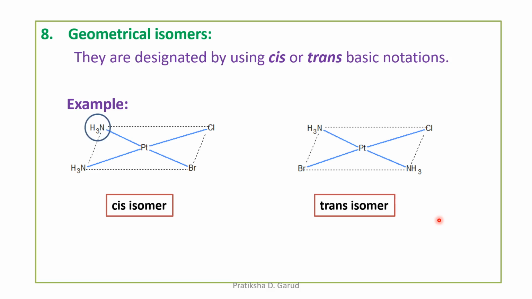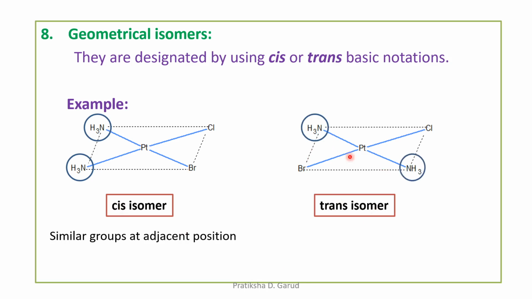Why is the first one cis? Because the first NH3 and the second NH3 are towards the same side. As the similar groups are at adjacent positions, it is known as the cis isomer. Whereas in the second case, the similar groups are towards the opposite side, so similar groups at opposite positions, that's why it is called the trans isomer. So these are the geometrical isomers.